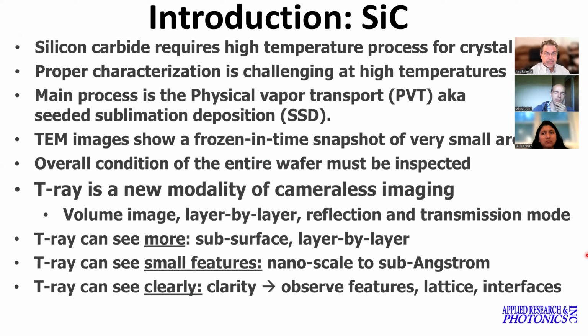So, the biggest thing is silicon carbide has a bigger bandgap compared to silicon. Why is that important? The bandgap controls the voltage that it can tolerate. So silicon carbide can tolerate much higher voltage compared to silicon itself.